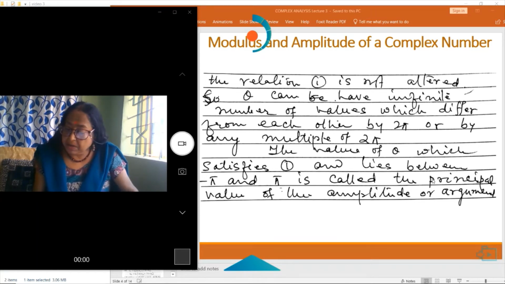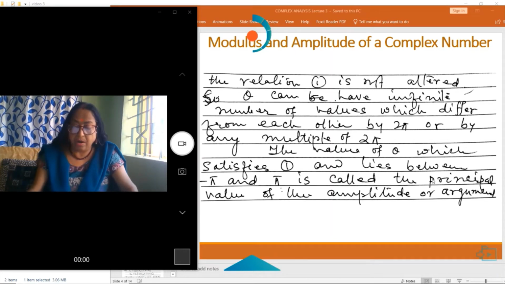The value of theta which lies between minus pi and pi is called the principal value of the amplitude or argument.